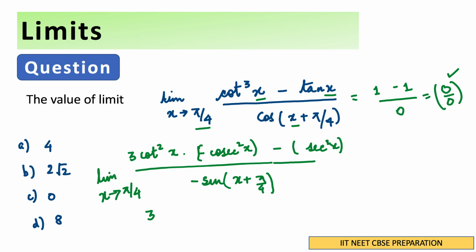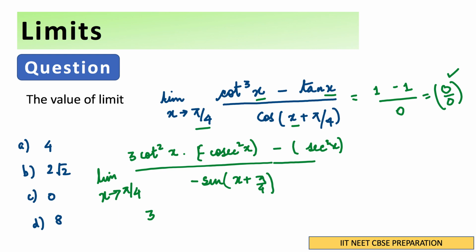Otherwise, if you remember the values of cot square x, sec square x and cosec square x for all the different angles, that is also fine. But I think it'll be easy if we convert everything into sine and cos.